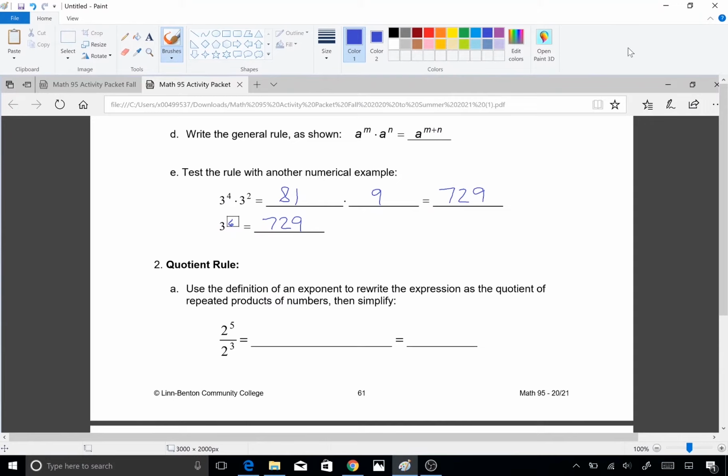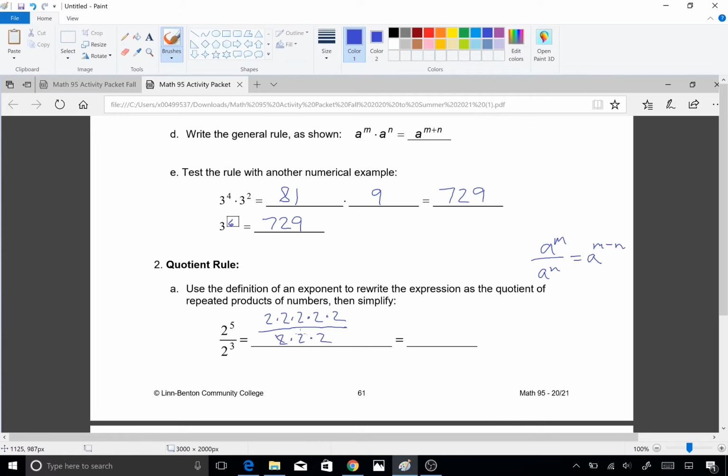The quotient rule says that when you divide two exponents with the same base, you subtract the exponents. It would be a to the m divided by a to the n equals a to the m minus n. 2 to the 5th is 2 times 2 times 2 times 2 times 2. 2 to the 3rd is 2 times 2 times 2.